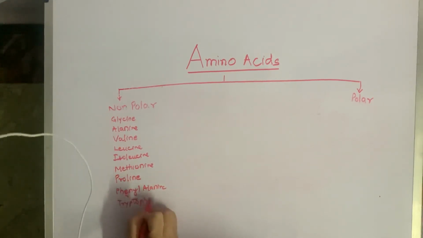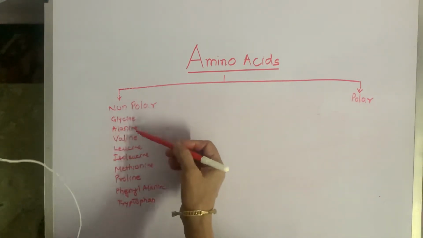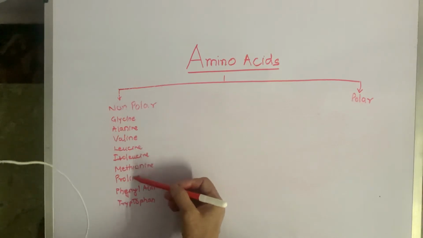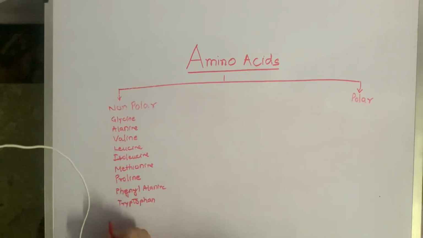Now, how do we remember these amino acids, so that any time we want to know which amino acid is classified under non-polar? If I count 1, 2, 3, 4, 5, 6, 7, 8 and 9, it is very difficult to remember 9 amino acids.